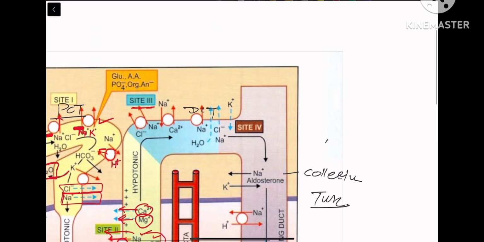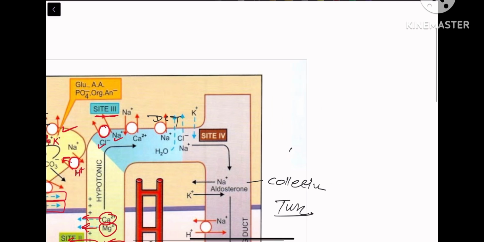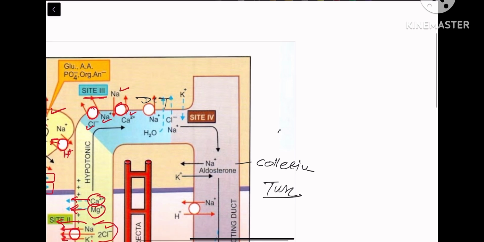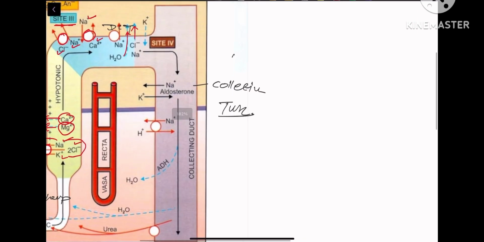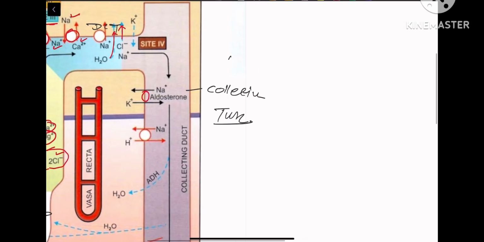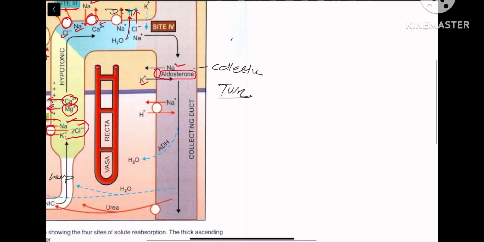Then site 3, sodium chloride symport. After that, chloride and water are passively transported. And here we have another transporter, the sodium chloride transporter, where aldosterone mainly acts.